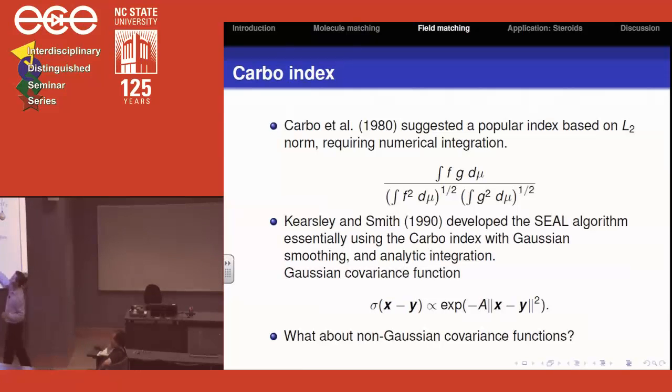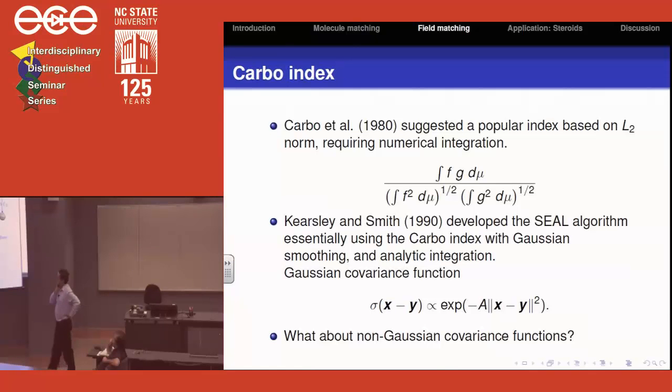Okay? And so they suggested using this index, which basically tries to maximize the correlation between the two fields to put them in position so that they have as much in common as possible. So that would be using an L2 norm. So you just are integrating the product of the two predicted functions. So that's the Carbo approach, which has been used in chemistry for quite some time.